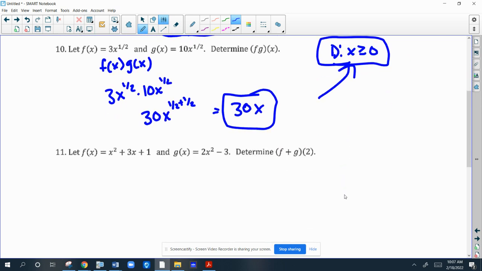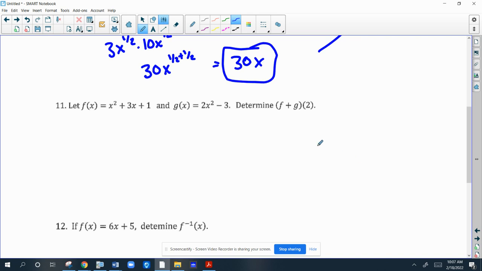Next problem. We have (f plus g)(2) this time. So be very careful. This is not an x anymore. It's a 2. So this would mean f(2) plus g(2). So instead of writing f(x) with all the x's, you write f with all the 2's instead.